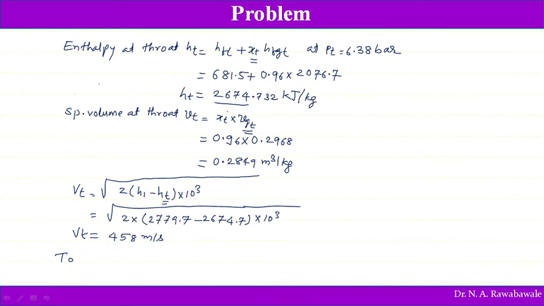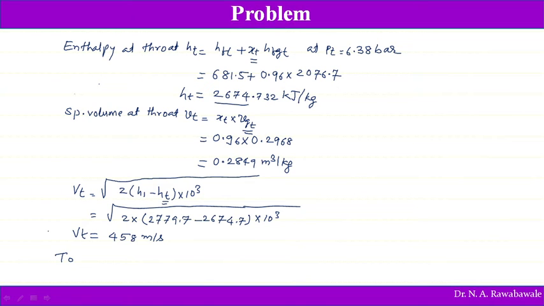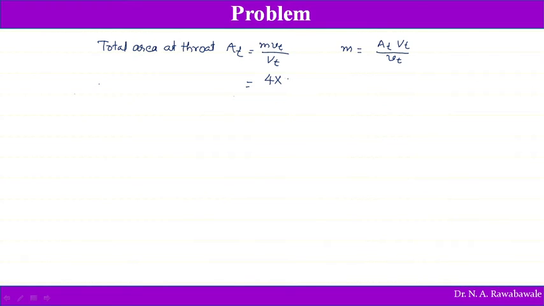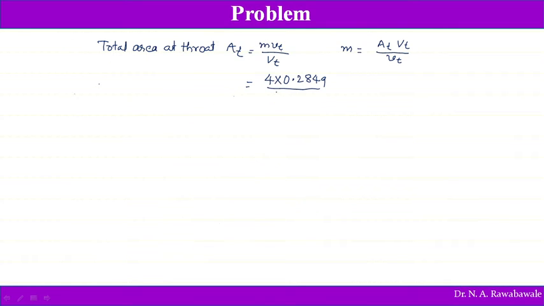So here we can substitute 4 into specific volume at throat, which we have calculated as 0.2849, divided by velocity of steam, 458 meters per second.